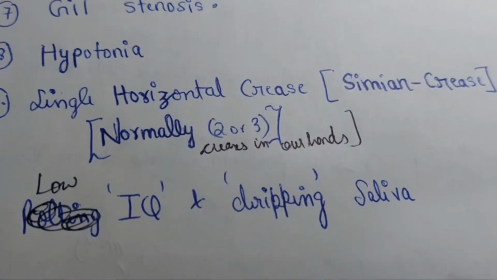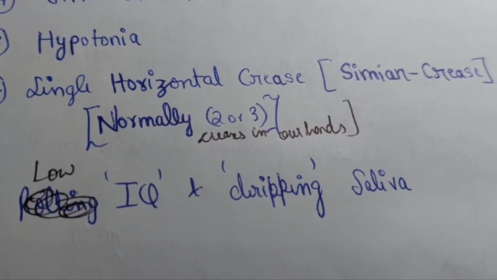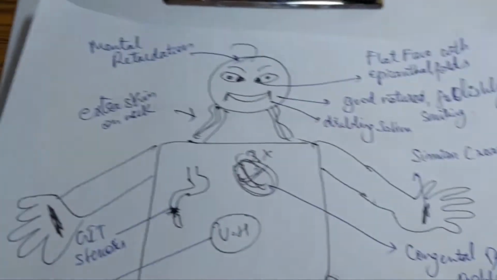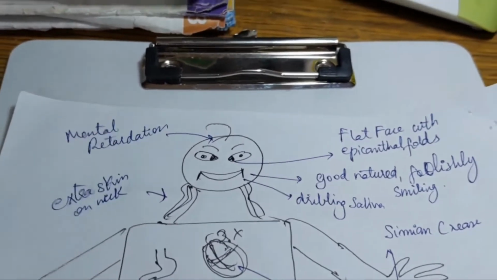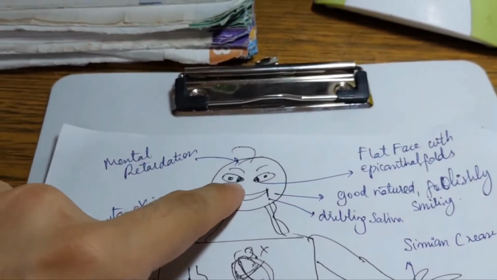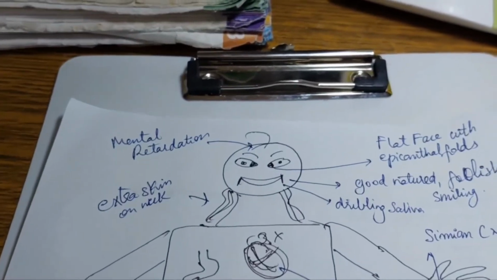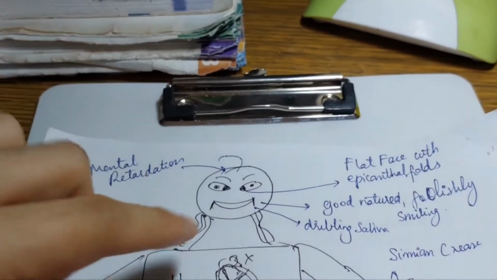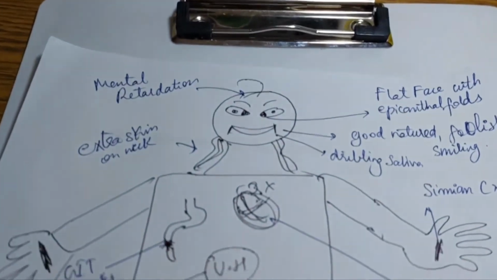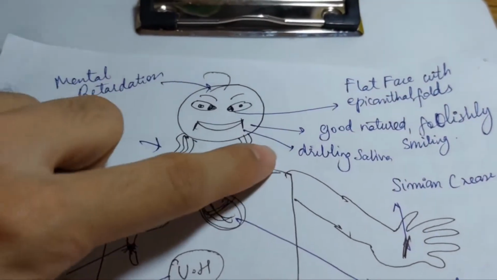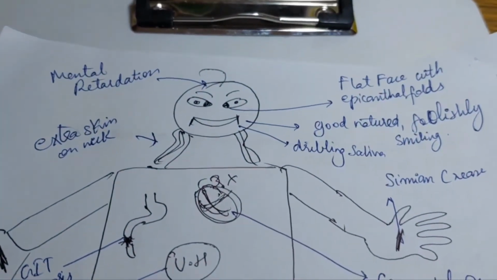One more important feature is that they have low IQ and dribbling saliva. Just to recap, they have mental retardation, epicanthal folds with a flat facial profile, okay. Their face is flat, they are good natured people, so they are foolishly smiling, and they have extra skin on the neck.